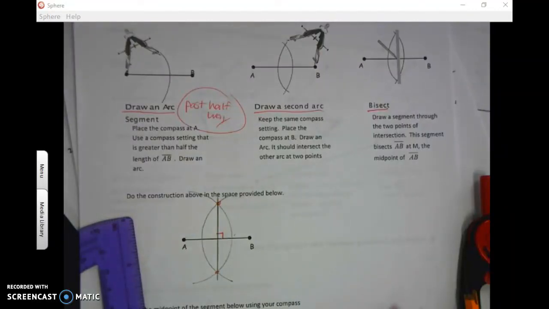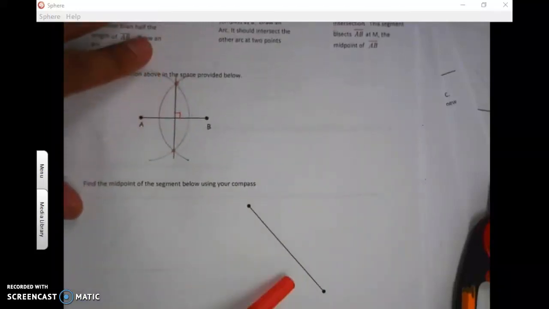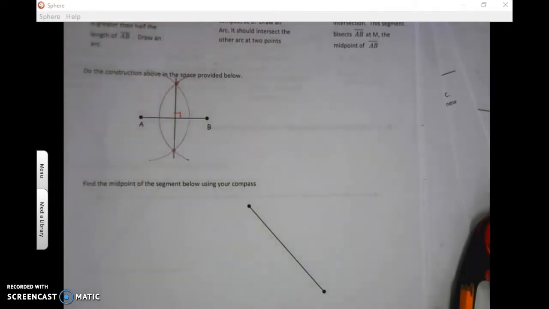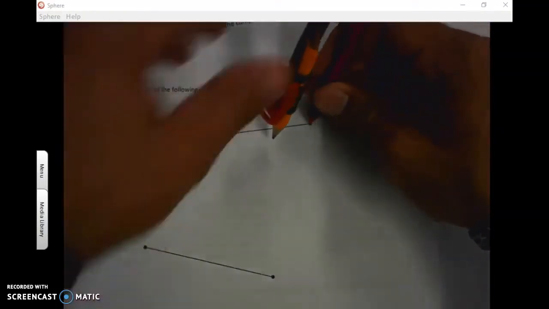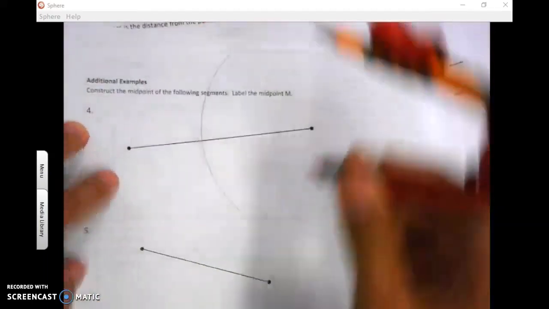You don't have to put the right angle there, but it does make a perpendicular segment. So what I want you to do is do that same thing at the bottom right here, and then flip it over and try number 4, 5, and 6 on the other side. So go ahead and try that now, please. On number 4, 5, and 6, number 4 and 5 are normal, just make a midpoint. So I'm going to go a little bit past halfway, make my 2 arcs.